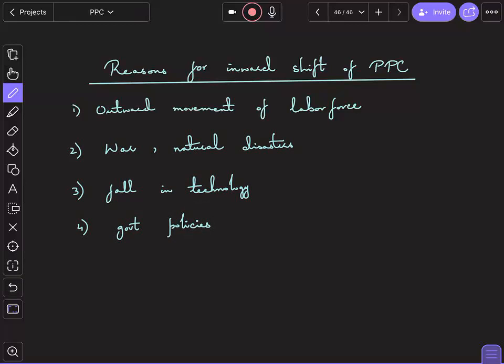Businesses will leave the country and businesses will not invest in the country, which will lead to an inward shift of the PPC, because there will be less production taking place, there will be less employment in the economy, and less goods will be produced.